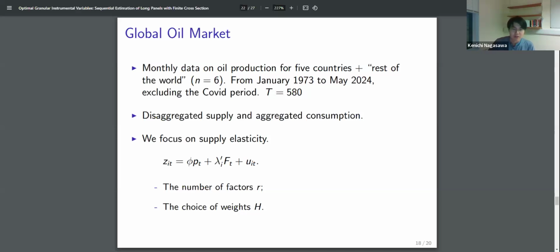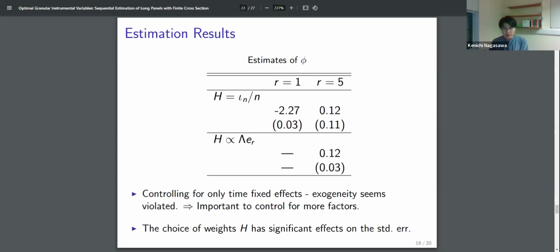Another issue I want to mention is the choice of the number of factors R here. As we see in the next slide, this number of factors is quite important for the estimate of the supply elasticity. So here I have the estimation results.